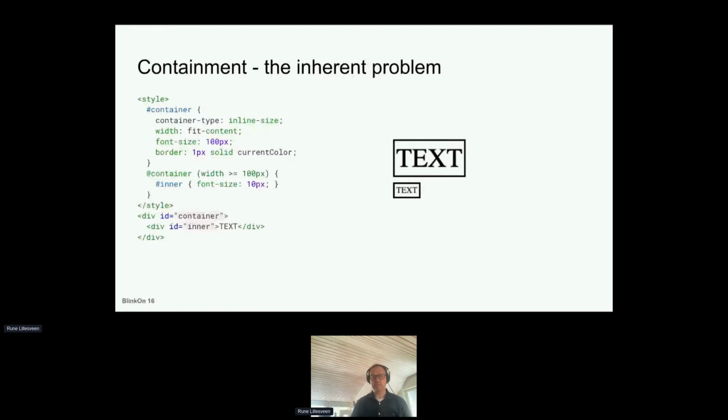So what would happen first here is that we size the text based on the font size of 100 pixels, which means that the intrinsic size of that text will expand the width of the element, like we see in the first rendering of the text, which means that the width is wider than 100 pixels, which means that the container query will trigger, and then we will reduce the font size to 10 pixels based on that query. But then the width is actually narrower than 100 pixels. So we get a circularity here. So we cannot simply implement container queries without any limitations.